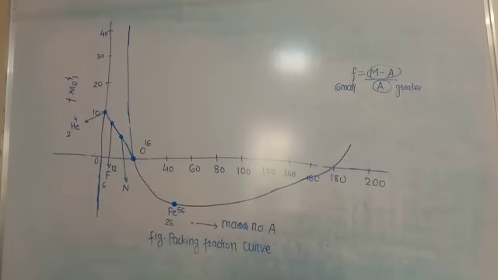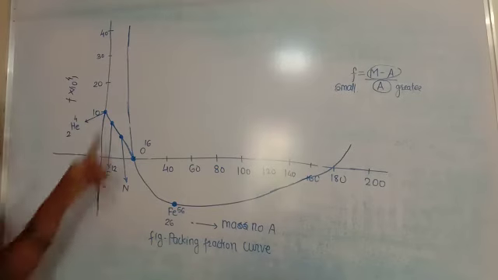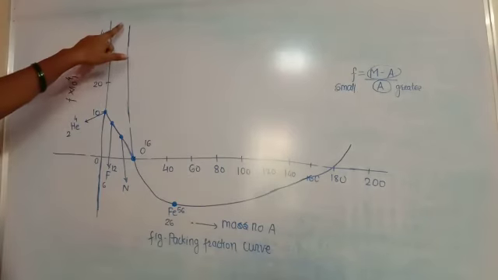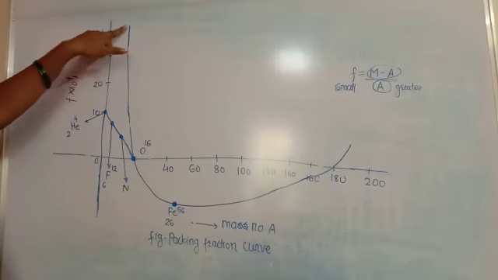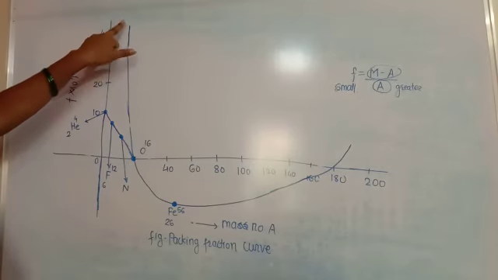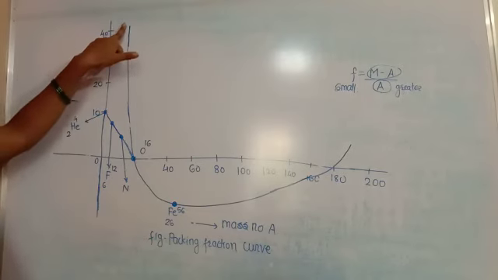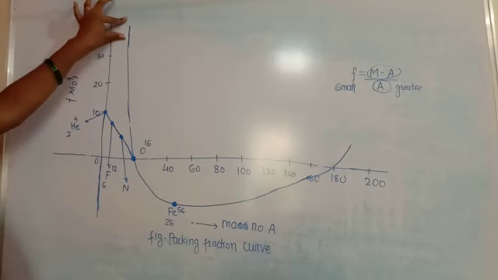Okay, so this is all about the packing fraction. I hope you understand. Let me repeat: nuclei with the maximum packing fraction are mostly unstable.